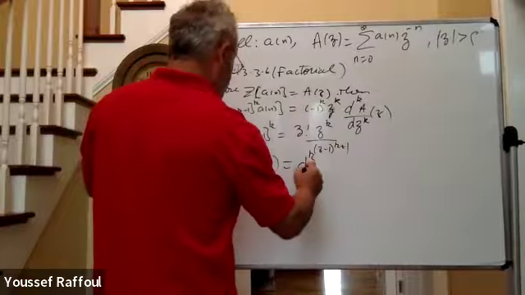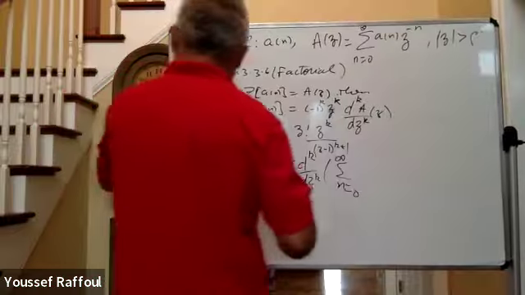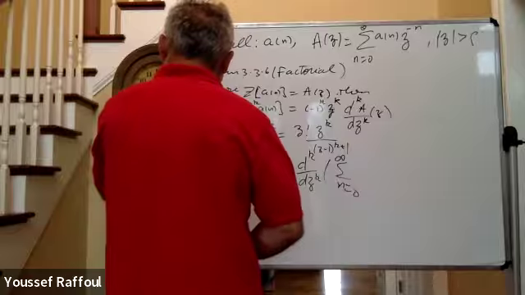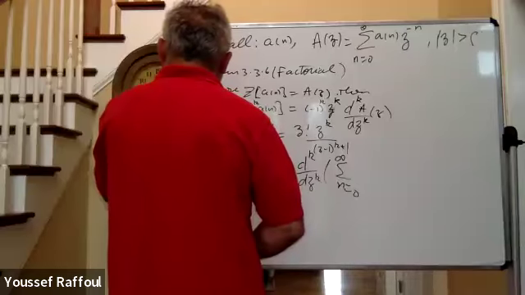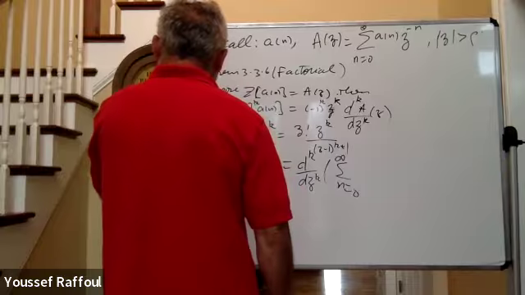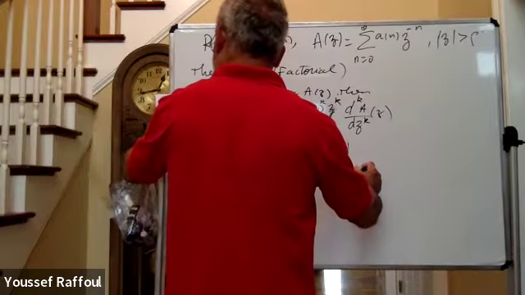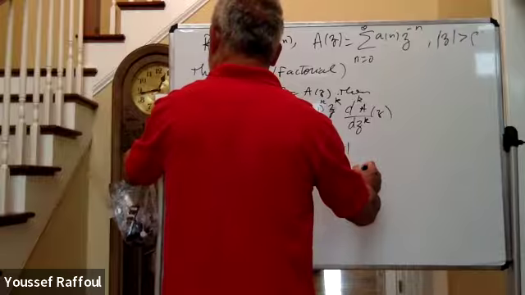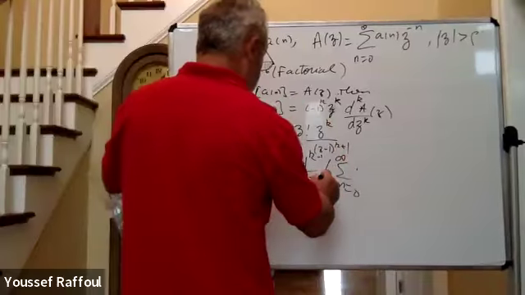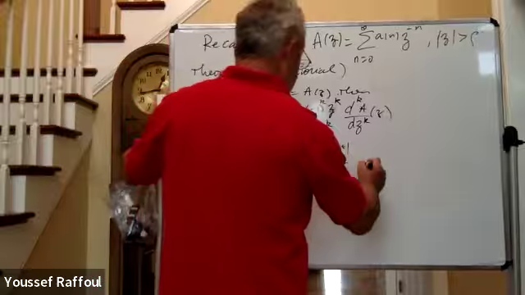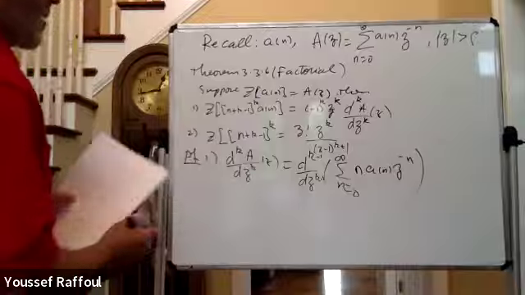That is d^k over dz^k of the sum from n equals 0 to infinity, and the first derivative gives the sum of n a_n z^(-n). So I differentiated once.